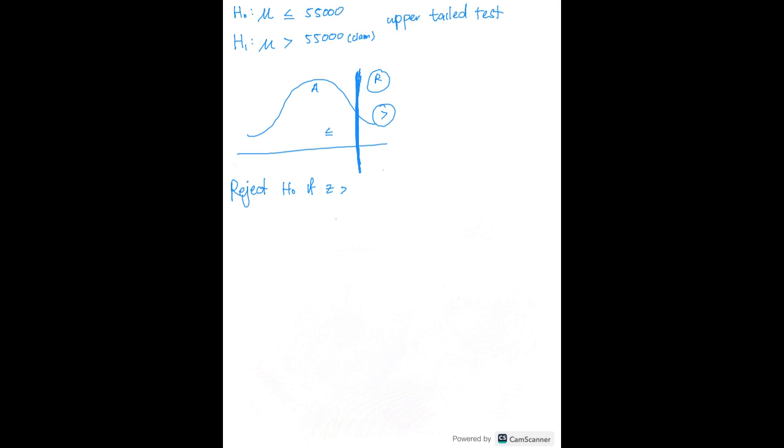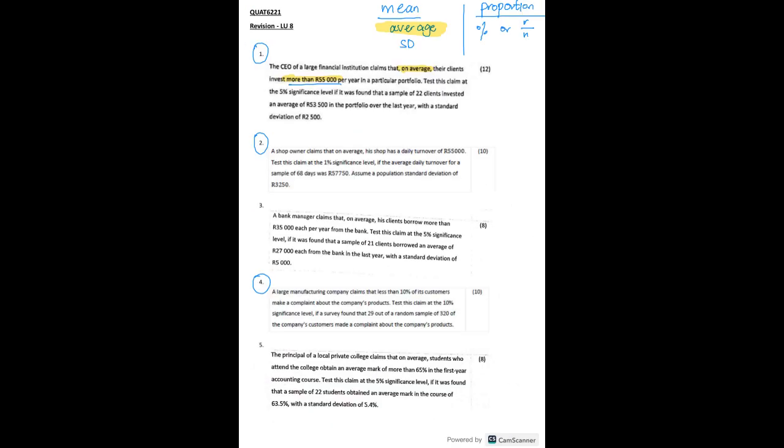So now you need to look at what your sample size is. If it is less than 40, then you are using table 2 of your appendix. So appendix table 2.